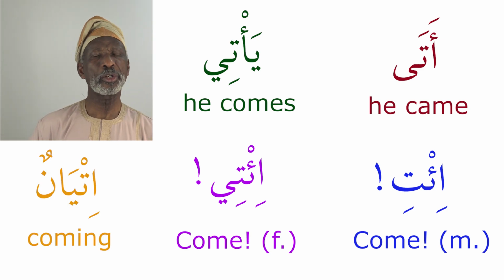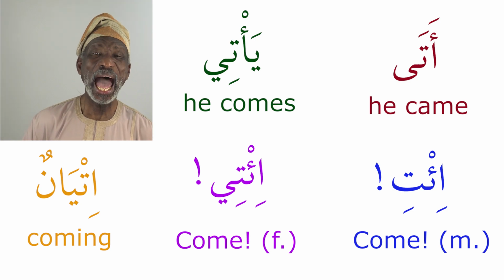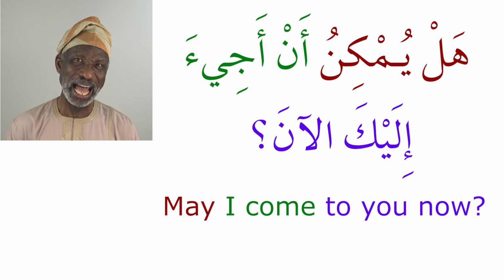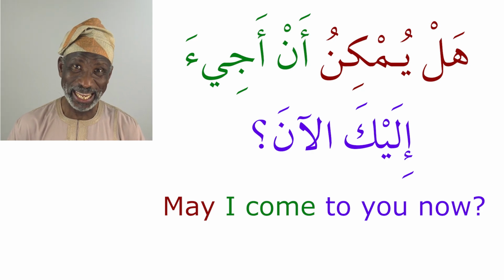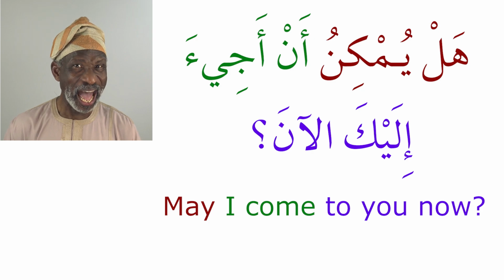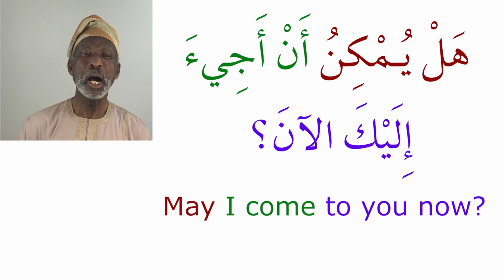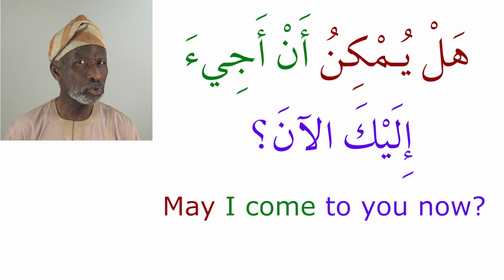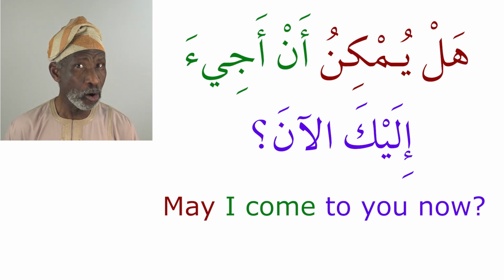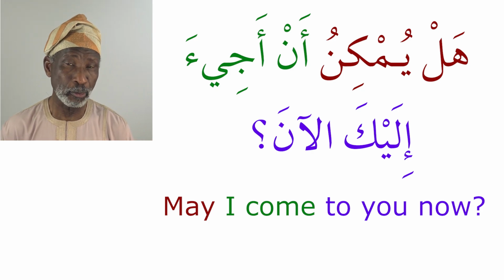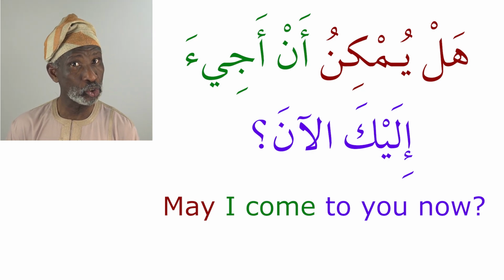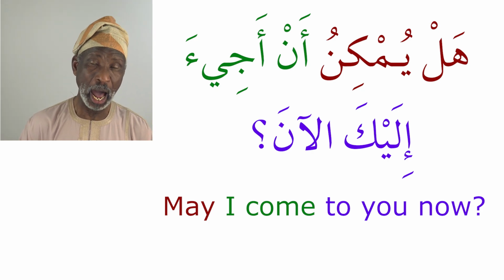Okay, let's illustrate this. We can say هل يمكن أن أجيء إليك الآن? May I come to see you now? هل يمكن, would it be possible, أن أجيء, to come, إليك, to you, الآن, now.